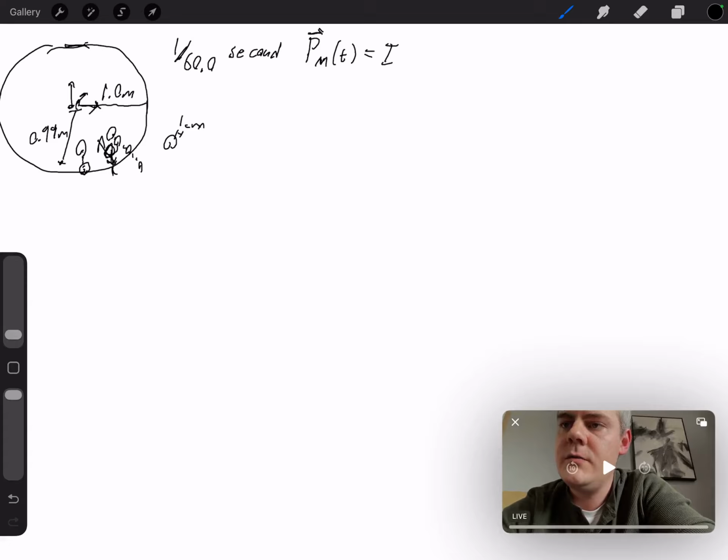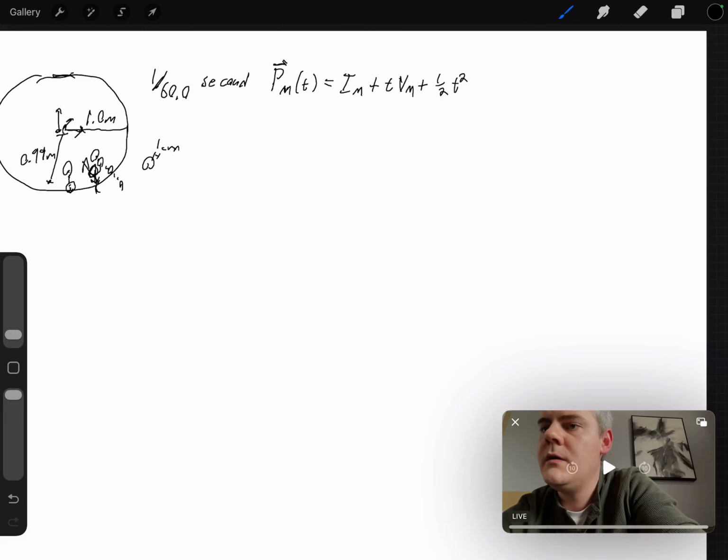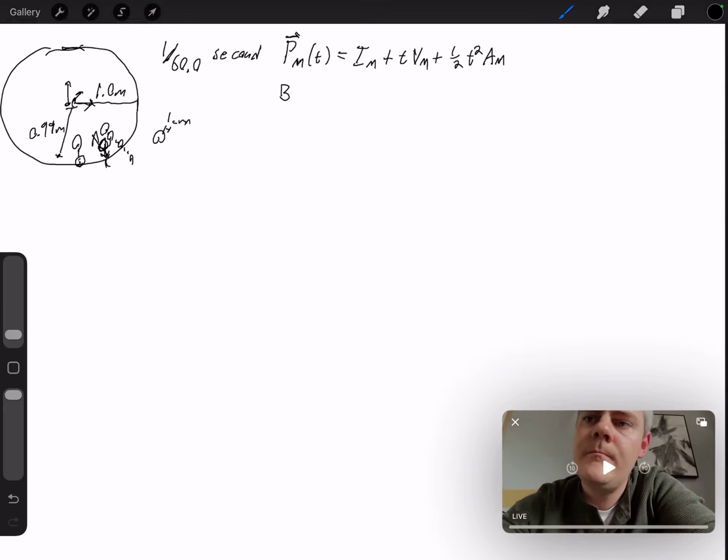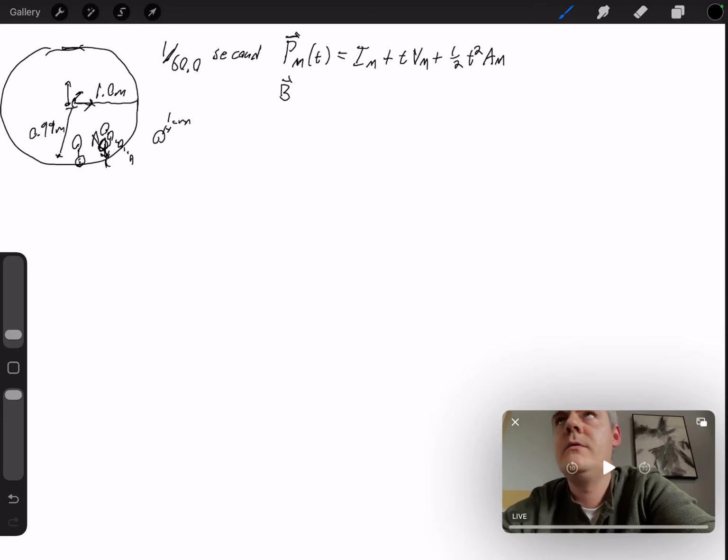It has an initial position, and over time it has a velocity, and 1/2 t squared times, I guess I'll call it, acceleration marble. And the ball, being attached through programming to the accelerometer on the phone, is also going to be a second order polynomial.